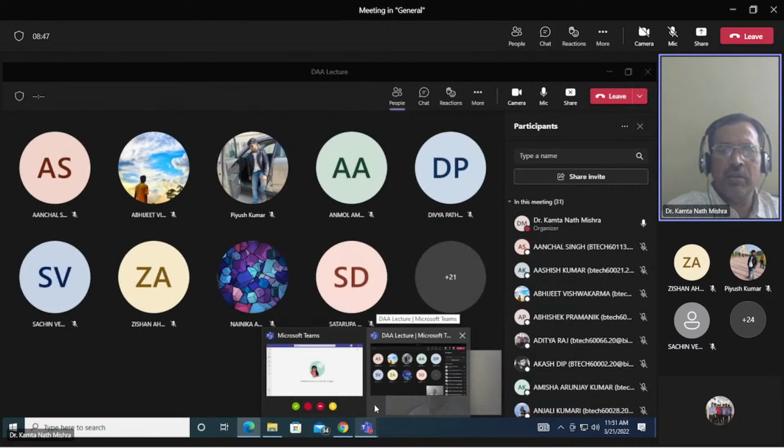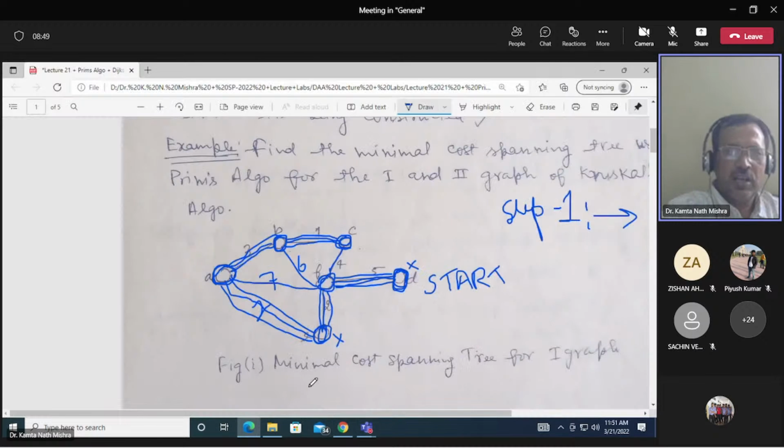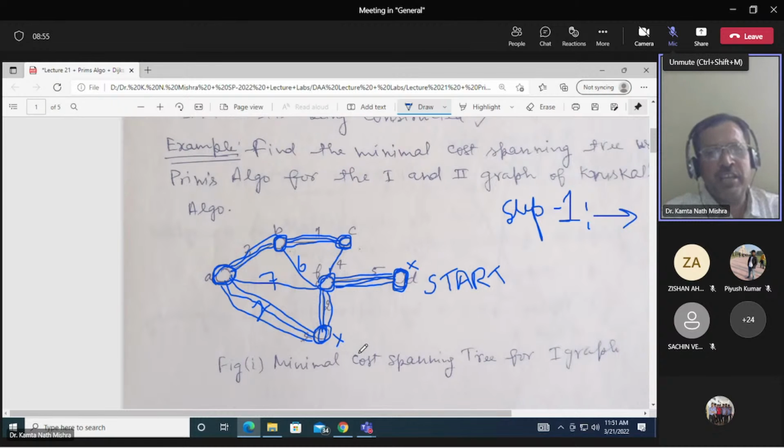Can someone tell me what the minimum cost spanning tree is here? Tell me its name and the total length. How did you get 12? Very good, 5 plus 2.